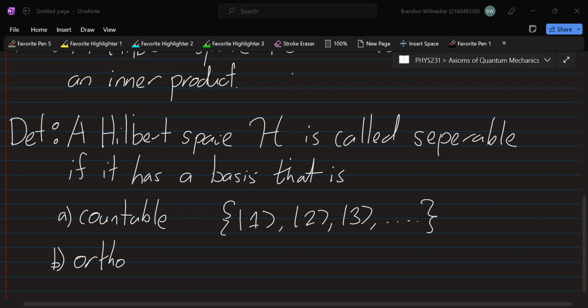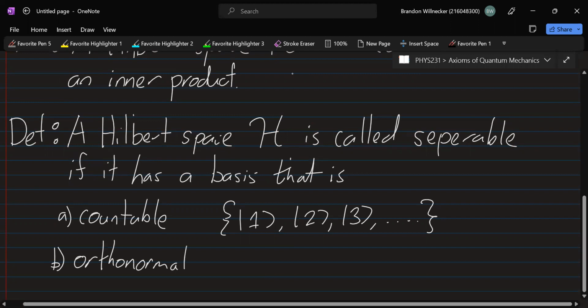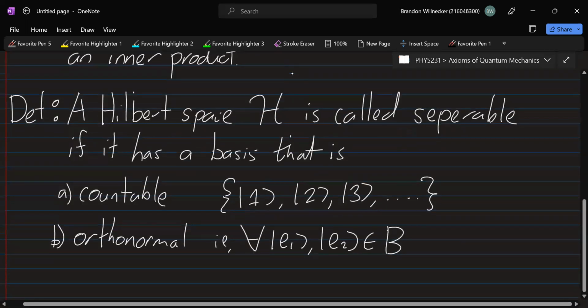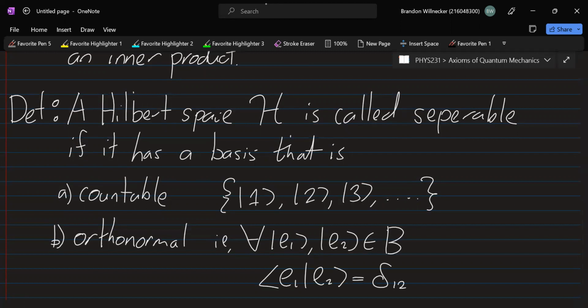So, orthonormal. Just a reminder on what orthonormal means. It means that for all e1 and e2 in the basis, which we call the basis B, the inner product of e1 with e2 is delta e1,e2.